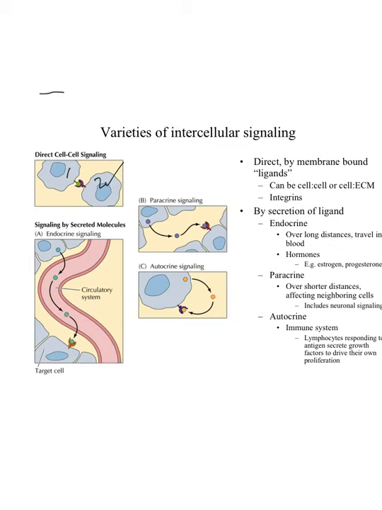We often see direct cell-cell signaling in the immune system, particularly with innate immunity, and we also see it quite a bit in development, early in embryonic development, when there isn't a lot of complexity in the tissue.